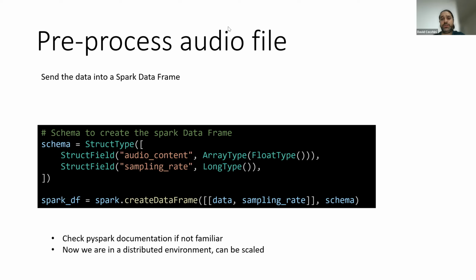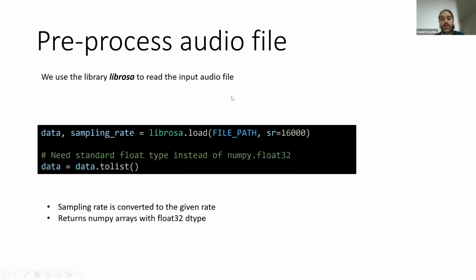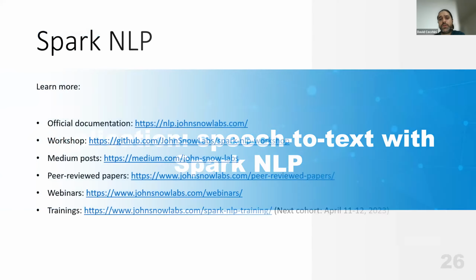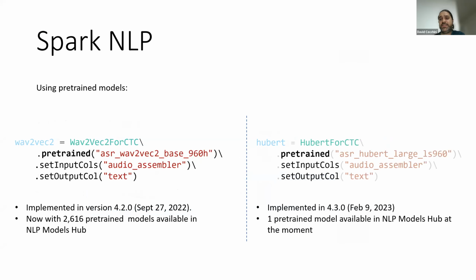And I would just show again how to use in Spark NLP. Those they are exactly the same. So basically just change the name of the class or the name of the annotator that you want to use, but all the other parameters and all the other concepts are the same.